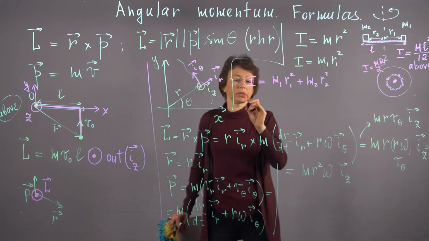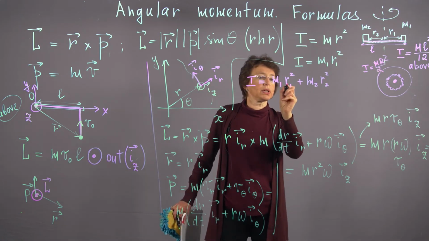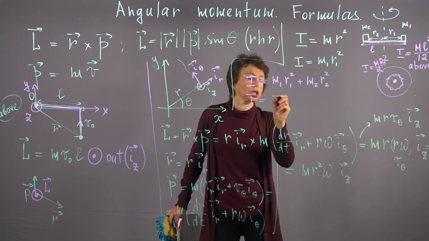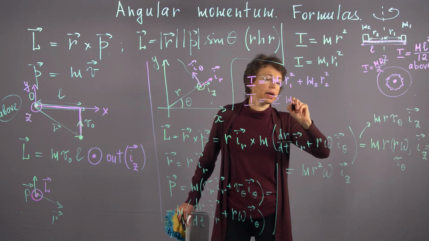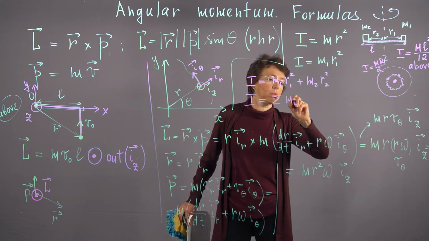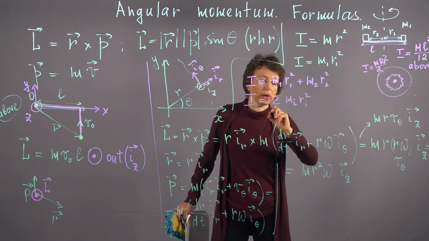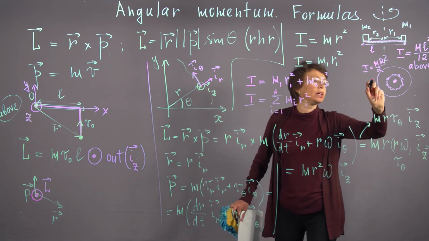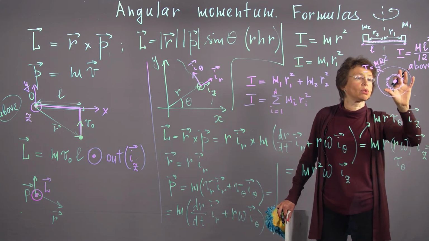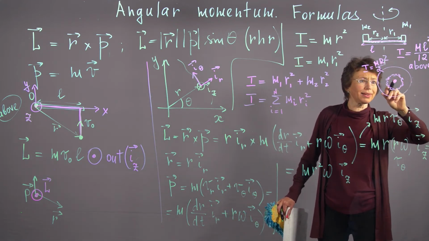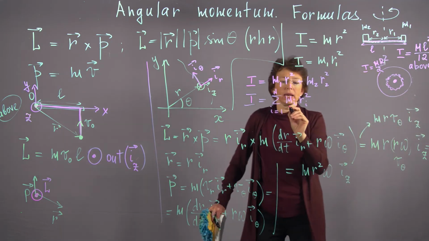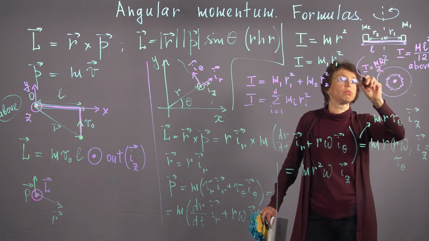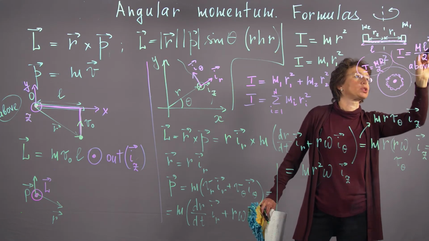Bottom line, when you have several point particles, you just have to add all of them. It will be the sum of m i r i squared, i from 1 to the number of particles. When you have an extended mass object that is not a point mass, then you have to integrate to find the moment of inertia of such an object.